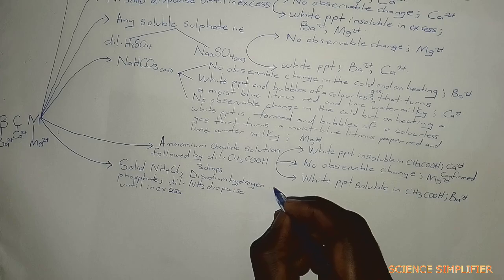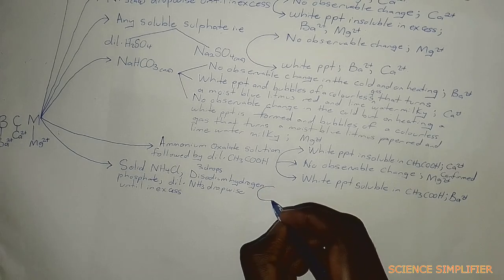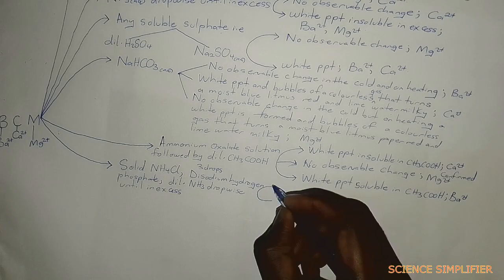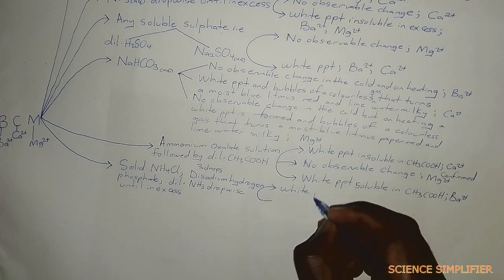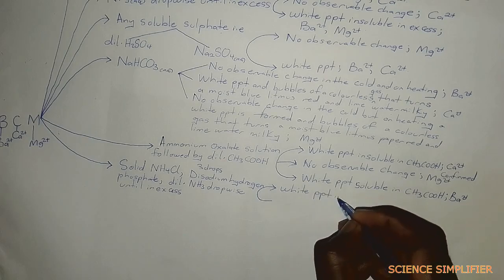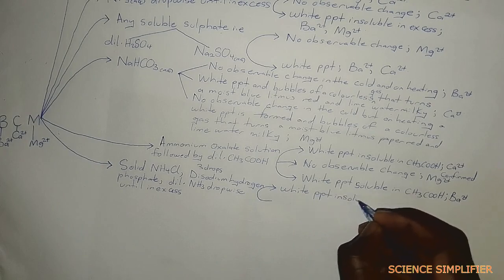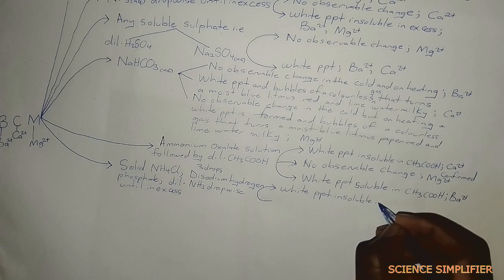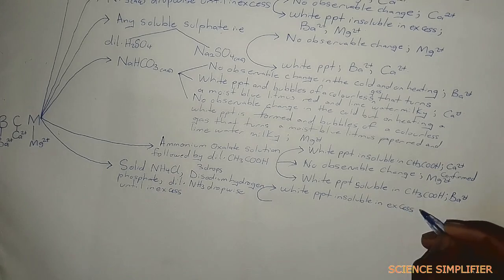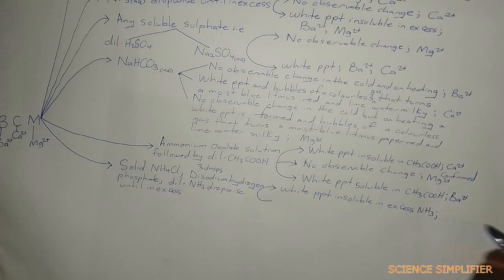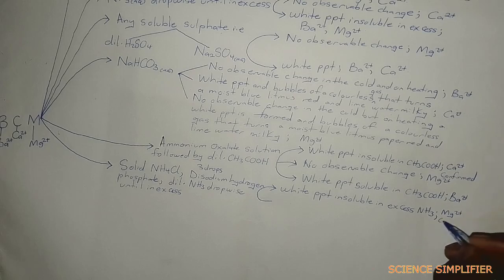At the moment here, we obtain white precipitate insoluble in excess ammonia. Just know that is a confirmatory test for magnesium ions.